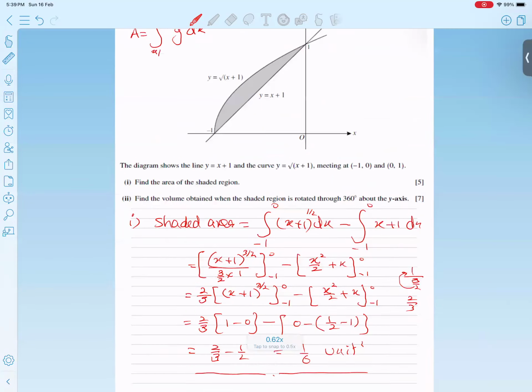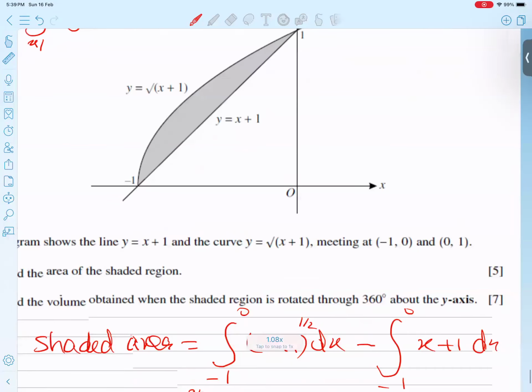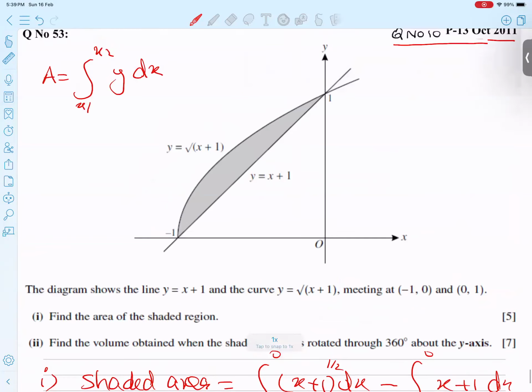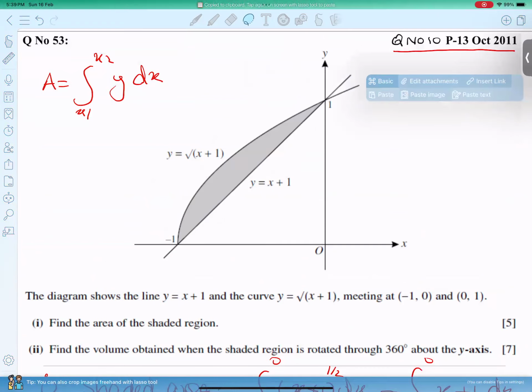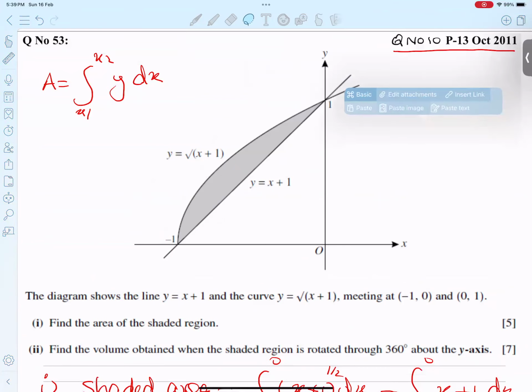So let's talk about the volume part. And what is the volume part? You are familiar with the area formula. I write the same formula here, the same formula as the area, but I will make only two changes. One is that here I write volume, pi outside and square of y.